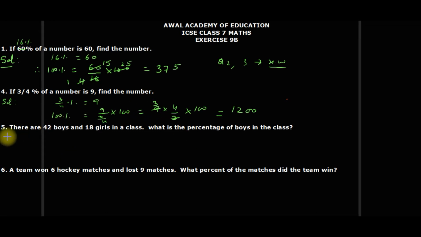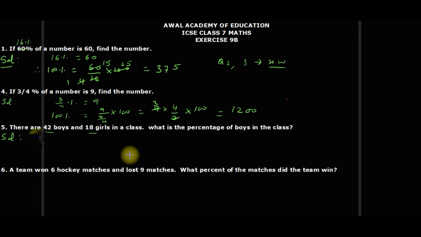Now we will move on to question number 5. There are 42 boys and 18 girls in a class. What is the percentage of boys in the class? So here are 42 boys, 18 girls. We have to find out the percentage of boys in the class.